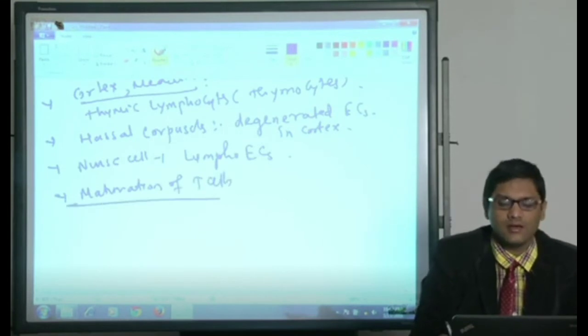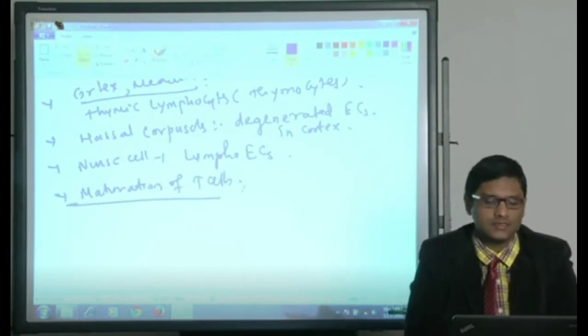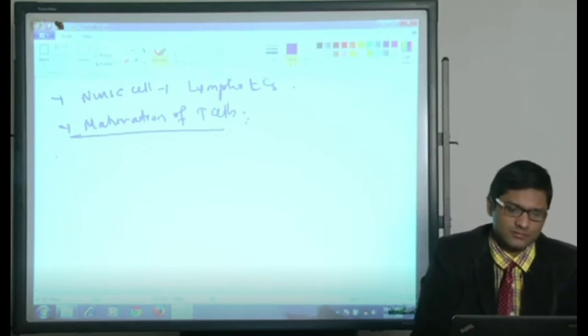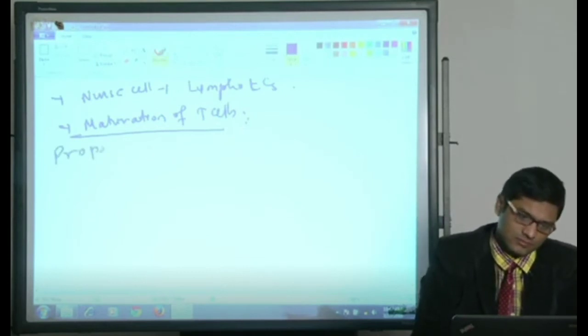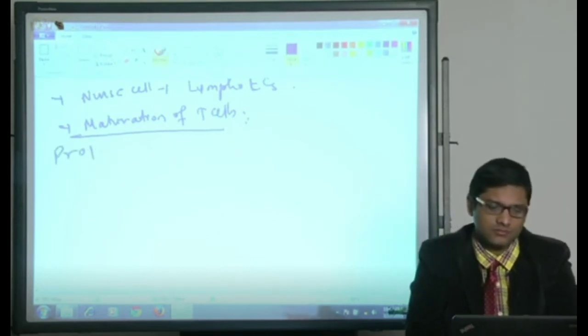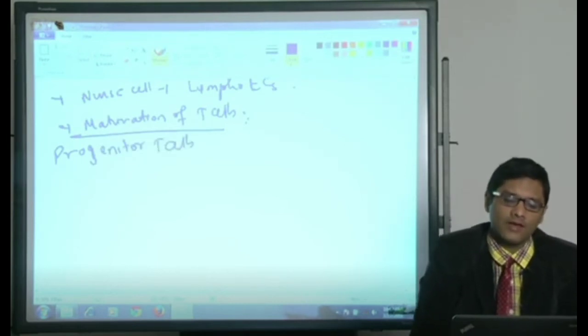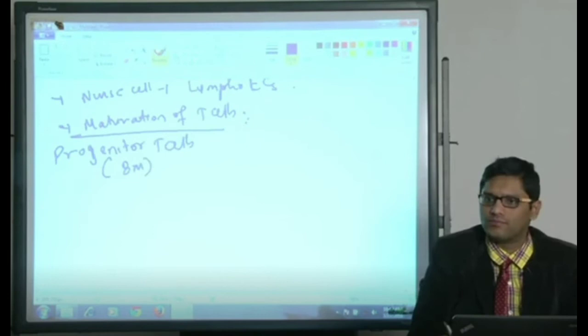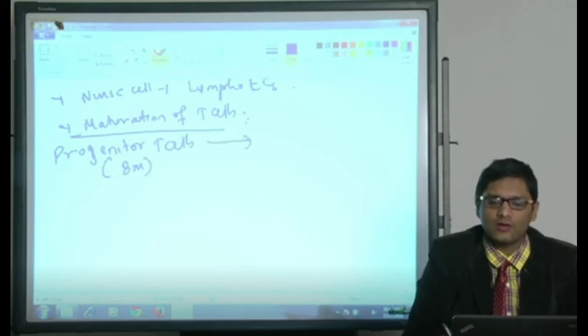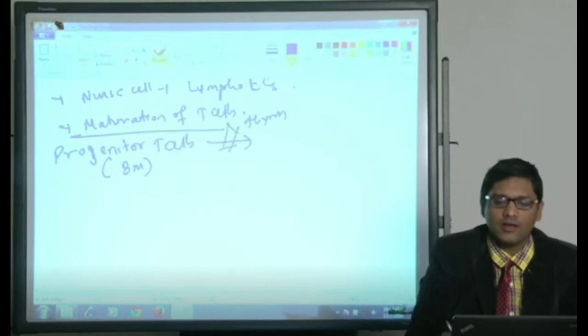They say that the progenitor T cells originate from bone marrow, then they enter into the thymus for further development.